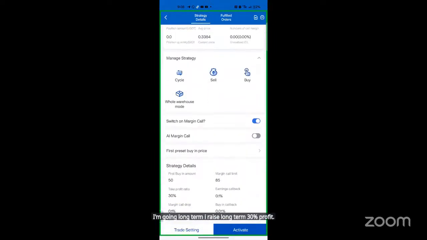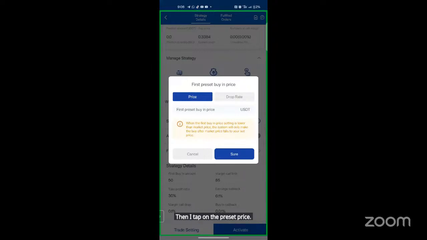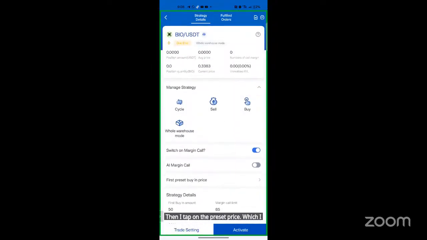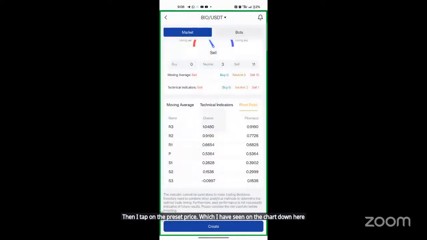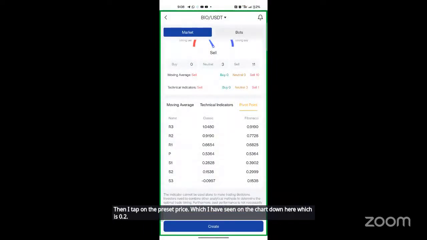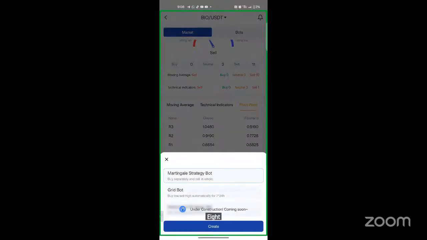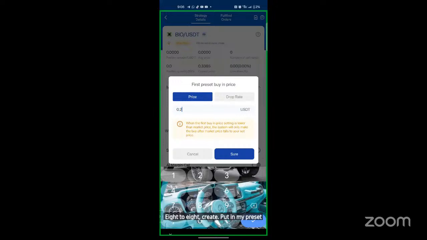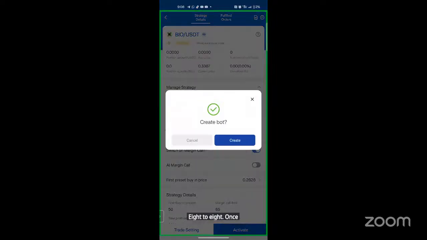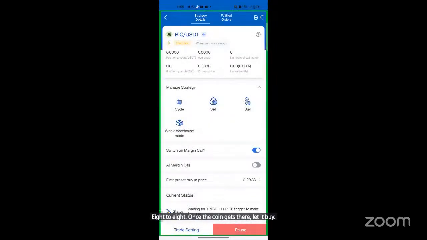Then I tap on the preset price, which I have seen on the chart down here, which is 0.2828. I put in my preset price, 0.2828. Once the coin gets there, let it buy. Is that hard?